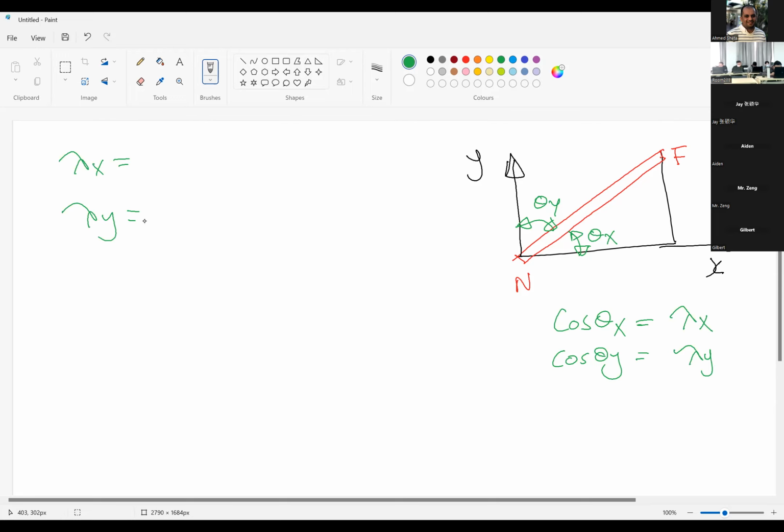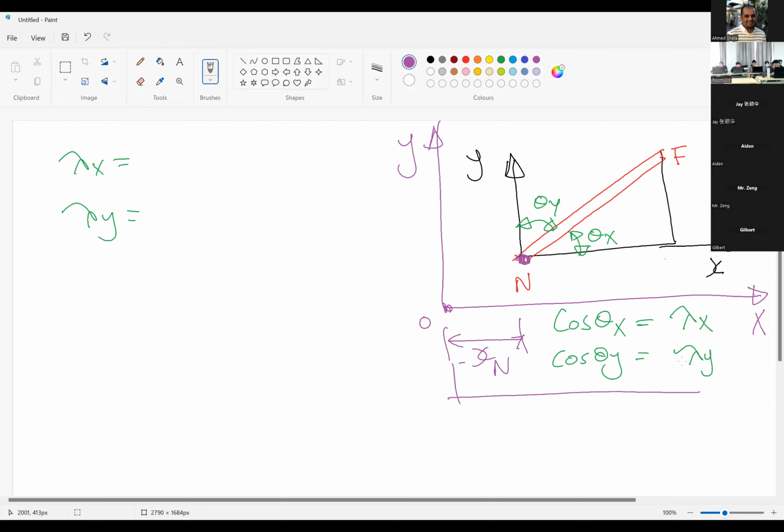If we look at this coordinate system, this is the zero point and this is the x-axis. This is node n, this is x of n, and this is x of f.